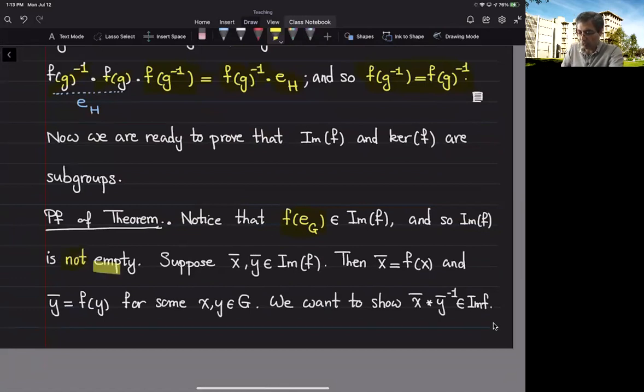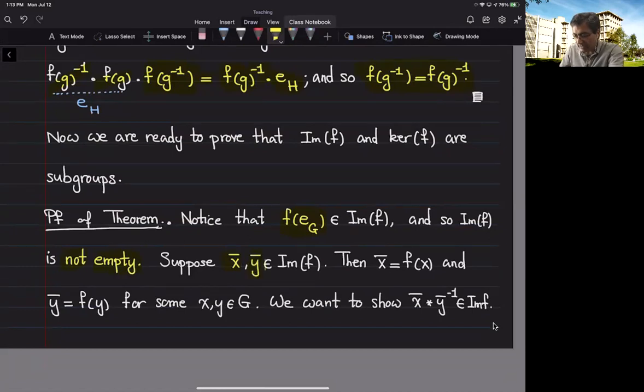Next, I want to show the main property in the subgroup criterion, which means I pick a pair of elements inside the image. I need to show that the first one times the inverse of the next one is still inside the image. Let's call these elements x bar and y bar.